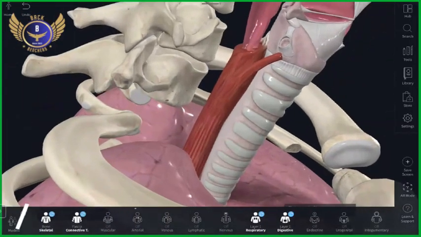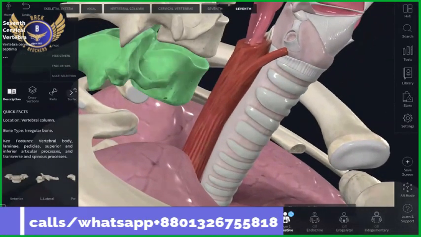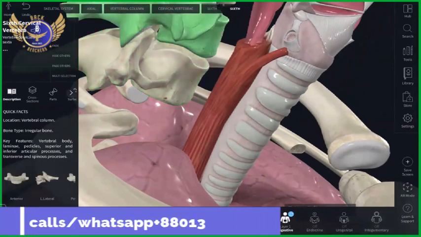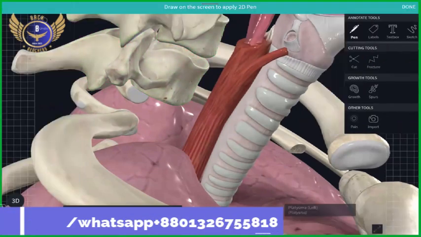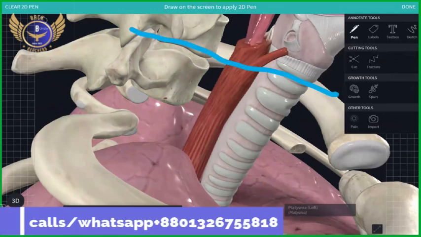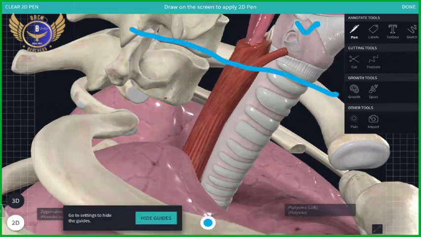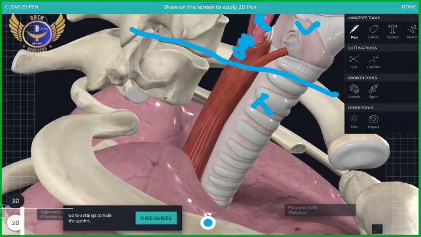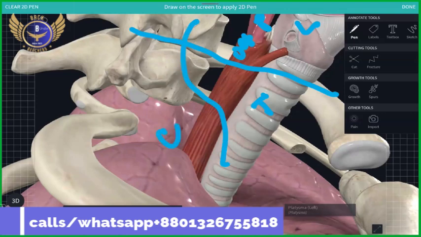So remember the vertebral level. This one is C6. So the cricoid cartilage is at C6. At this level, the larynx becomes trachea, the pharynx becomes esophagus, and the vertebral artery enters C6.